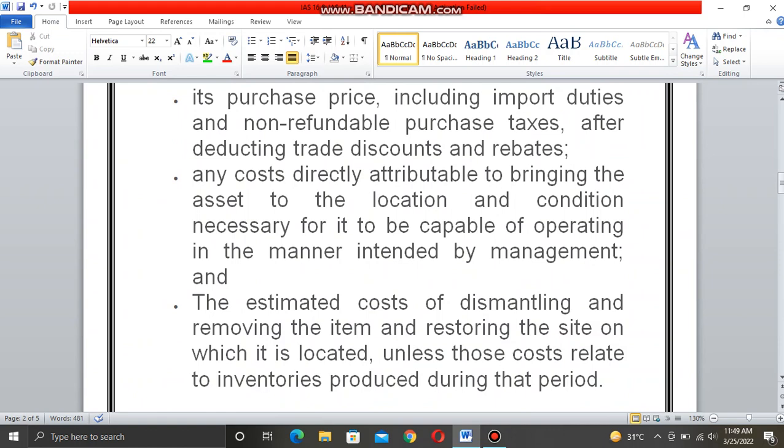It means that whenever you buy or purchase an asset and you want to use it in your daily operations, first of all you have to make it capable and able for your use. For that, you have to bear some extra charges to make the asset capable of your use.